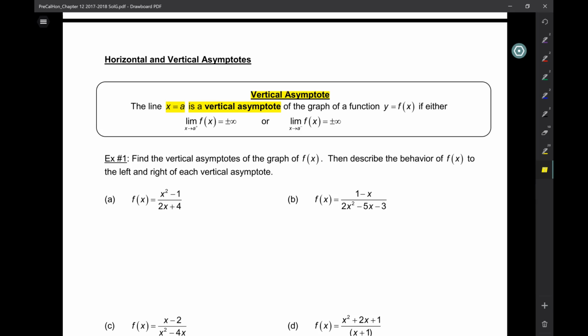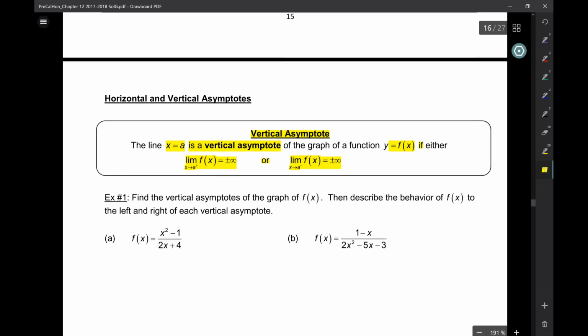X equals a is a vertical asymptote of y equals f of x if either of these happens: the limit of f of x as x approaches a from the positive side is infinity, or as x approaches a from the negative side is infinity.